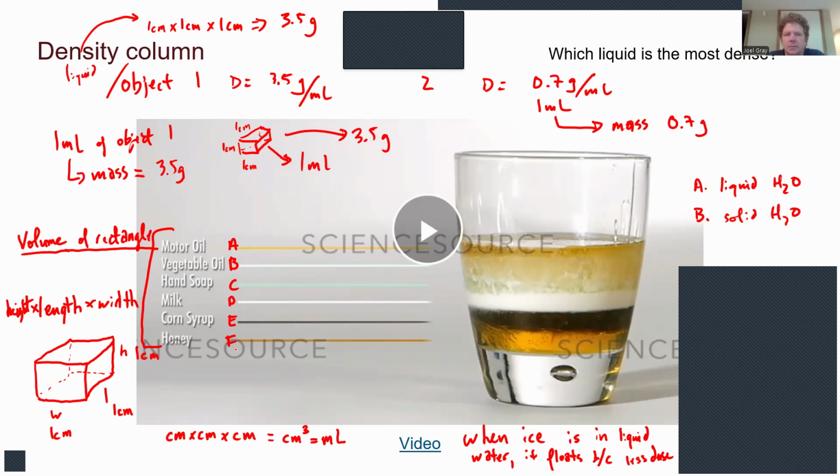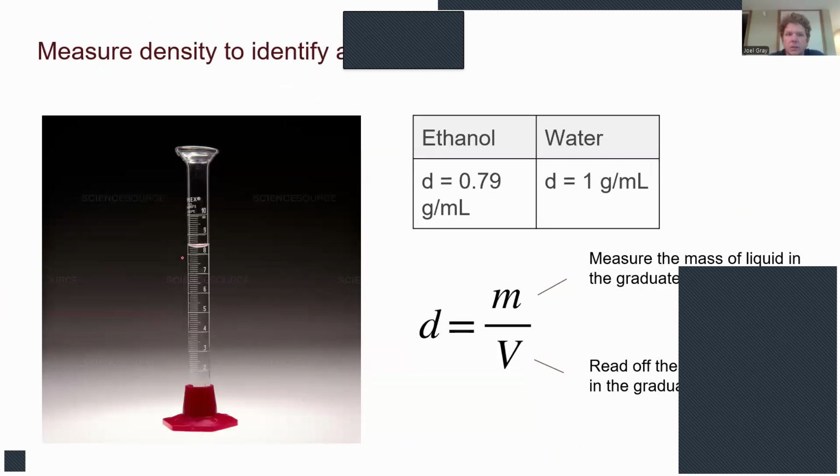Which is the least dense? Perfect. Now, if you were to imagine where water would fall, water is going to be a little bit less dense than milk, so water would be above this, probably here or here, is my guess. So things separate based on a comparison of their density.